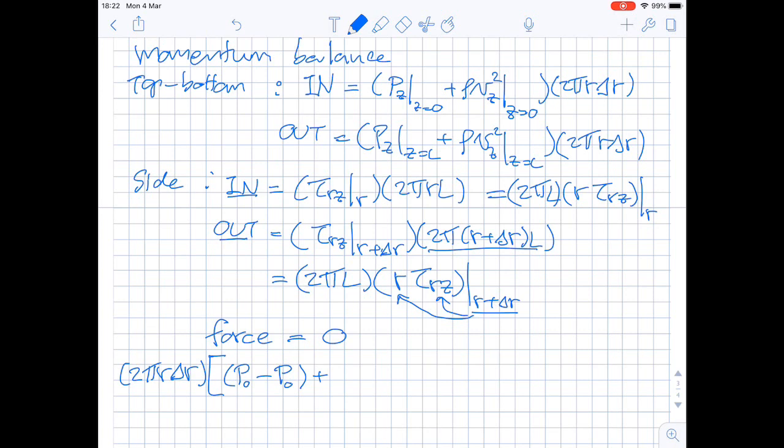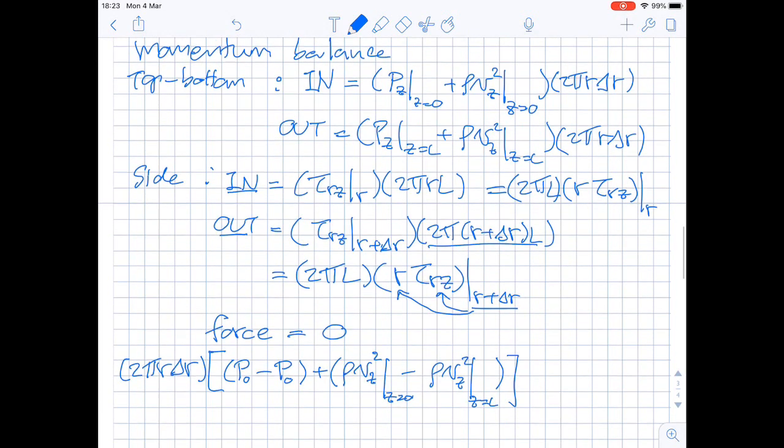For the bulk transport term, the input term should be rho Vc squared at Z equal to 0 subtracted by rho Vc squared at Z equal to L. This is the input and output term for the top and bottom area.